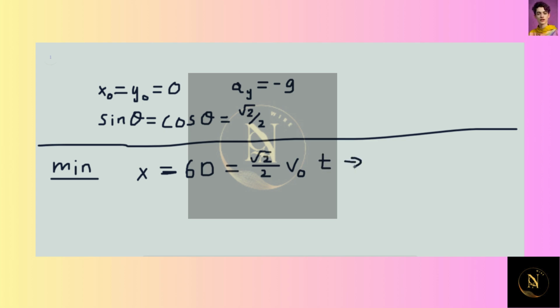Therefore, the time is equal to 6d multiplied by root 2 divided by v naught.